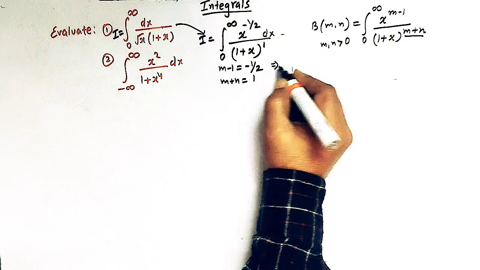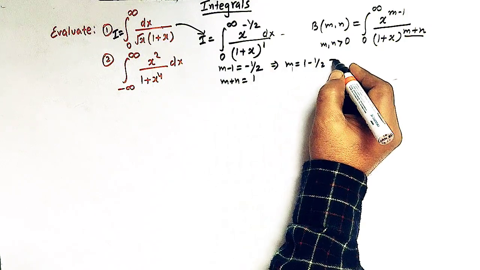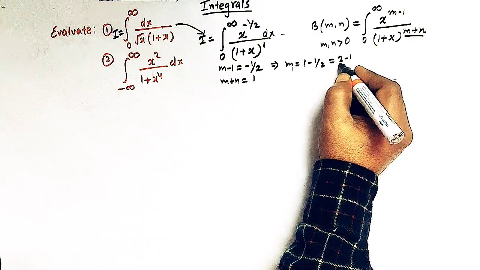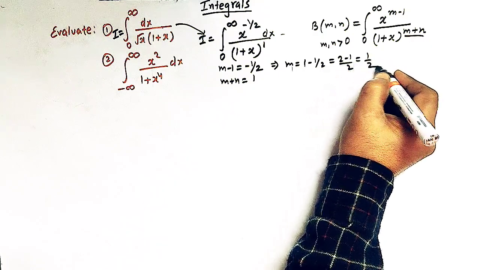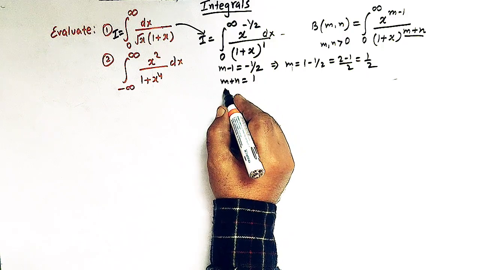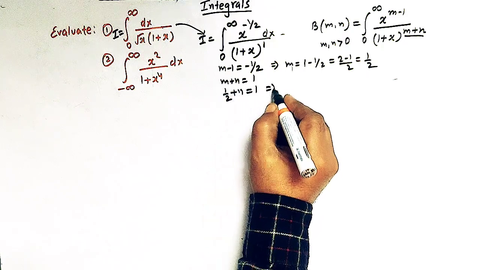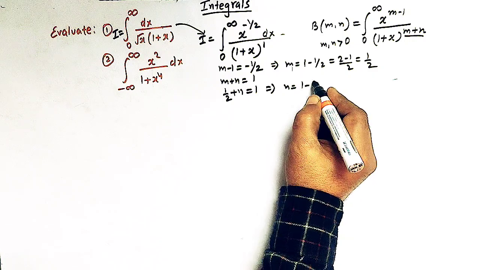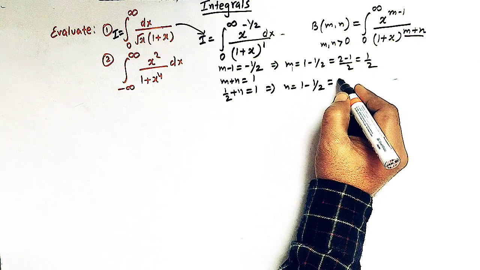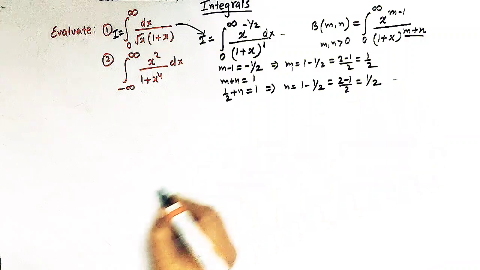So from here we have m is equal to 1 minus half, that is equal to 2 minus 1 over 2, that is half. And taking m is equal to half in this equation, we have half plus n is equal to 1. So n is 1 minus half, that is 2 minus 1 over 2, that is half, right?